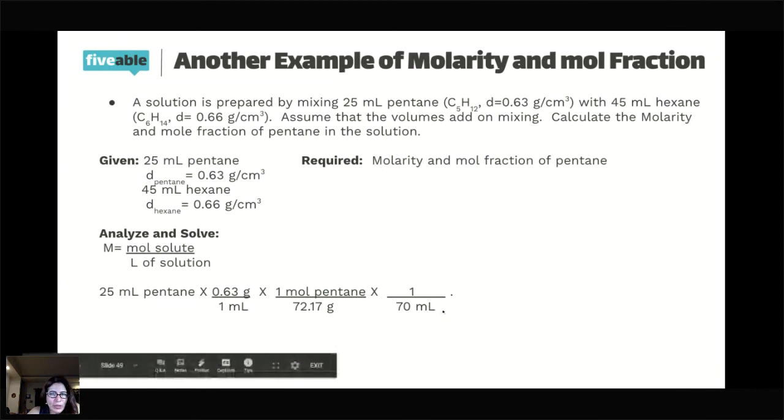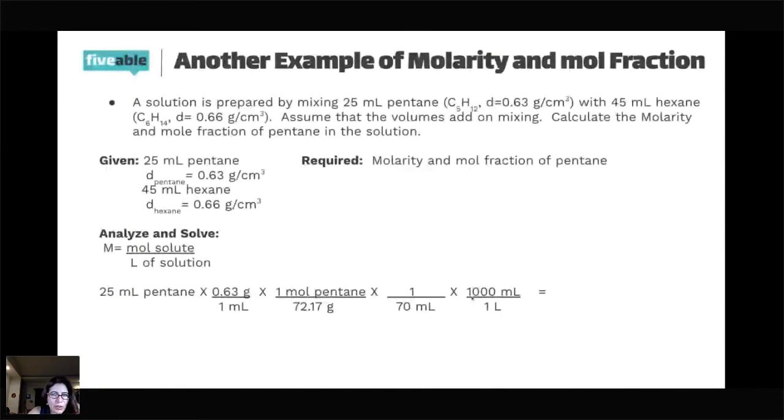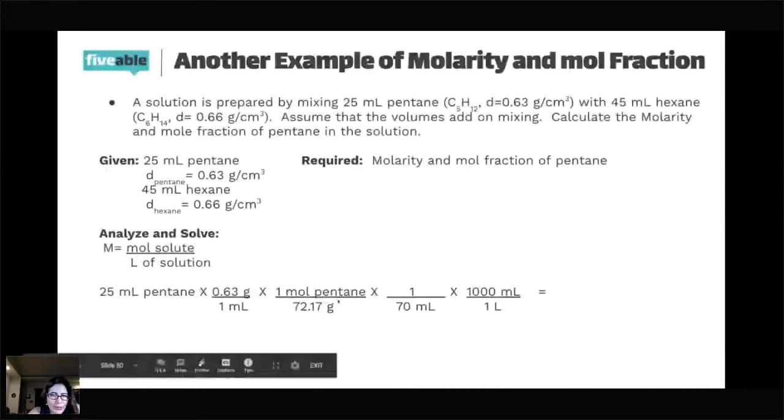And lastly, we change the units of milliliters to liters. So now if we check our units, we cancel milliliters, we cancel grams, we kept moles, we cancel milliliters from here, and we got liters on the denominator. So we're done with the setup.